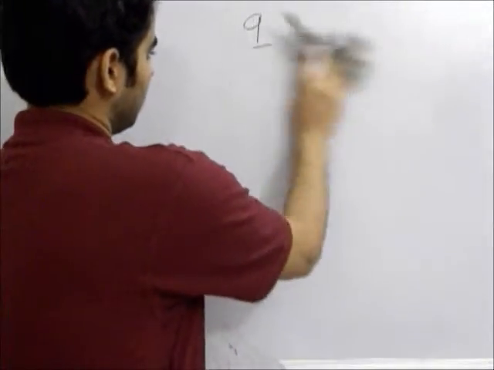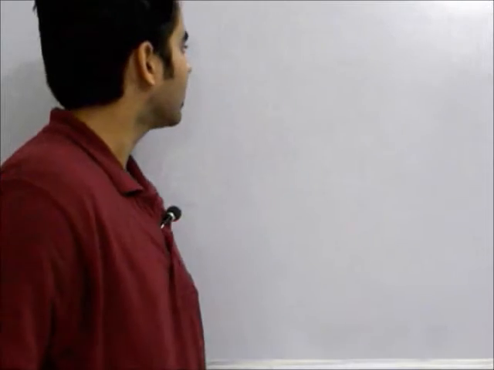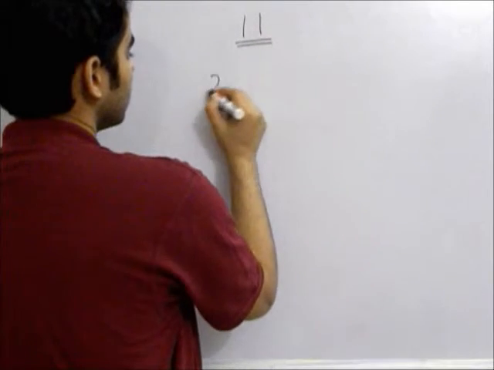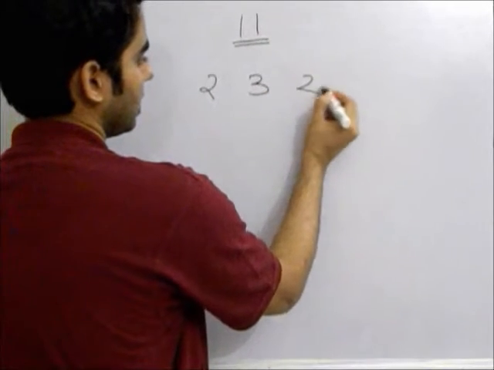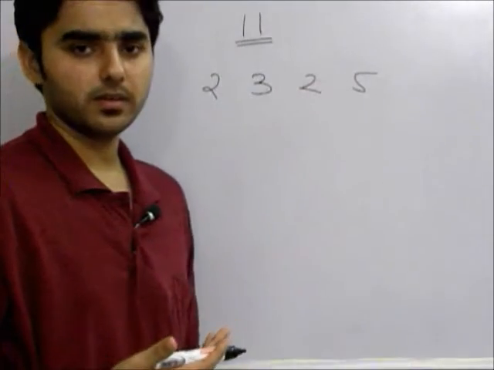What about 10? Well, any number ending with a 0 is divisible by 10, right? Okay. What about 11? Here's the case. So we have this number, 2325.